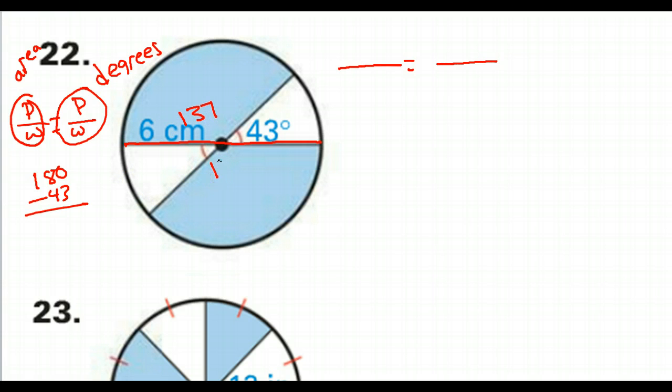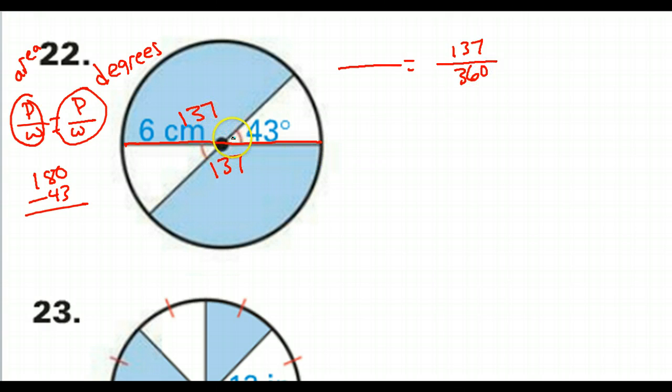Now bear in mind that there are 2 of them, but 180 minus 43 is 137. Okay, so it's the 137 that we're going to deal with. Now if this were just one sector, I would put 137 right here, and I'd go, oh, 137 out of a total of 360.